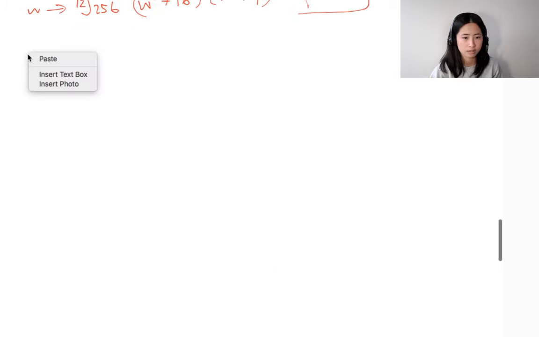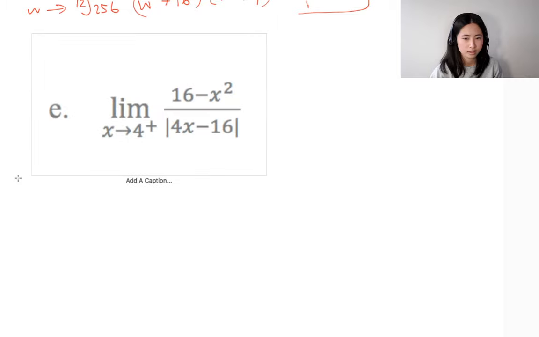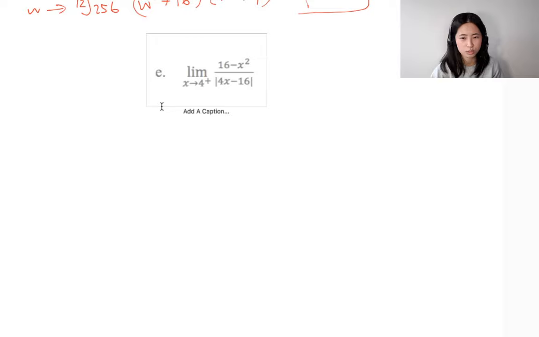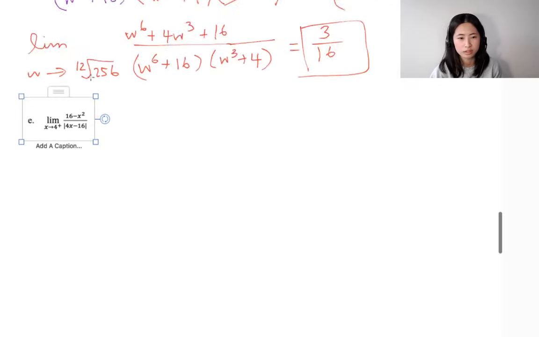If you have any idea how to start this question, please make sure to comment down below just so I can check whether you guys are actually understanding this. So what do we do? Here's my question. What do you do if you have an absolute value? What is the first thing that you need to apply in order to break down your absolute value?